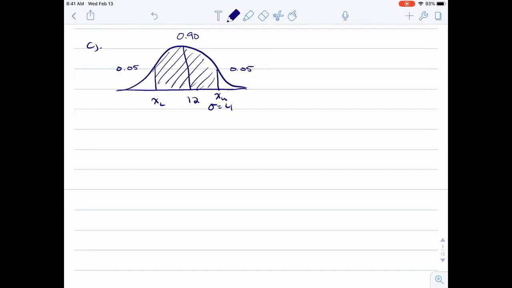So 0.05, I think that's the one that's split evenly between two. Where are we here? 0.05. Here.